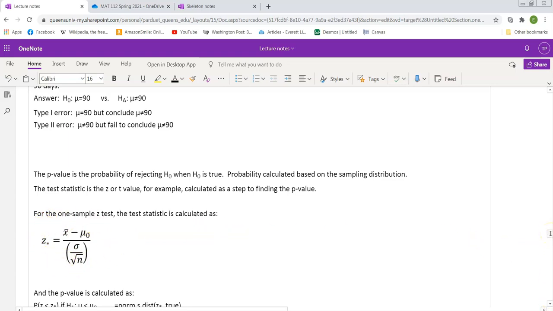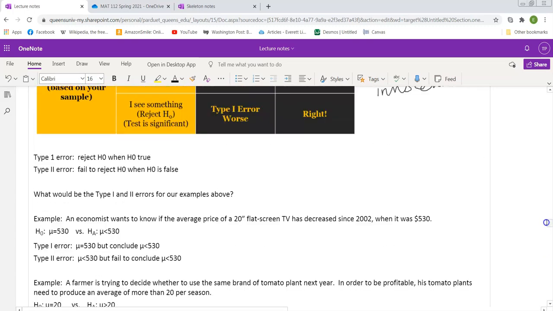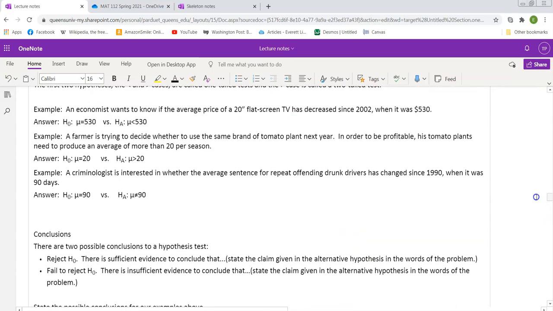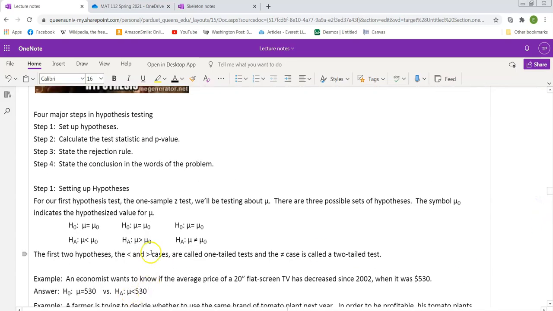The p-value formula is going to depend on what your alternative hypothesis is. So if I go back up here, we said that there were 3 possible sets of alternative hypotheses. We've got mu less than the hypothesized value, greater than the hypothesized value, or not equal to the hypothesized value. The less than is the lower tail, the greater than is the upper tail, and the not equal is the two tail.